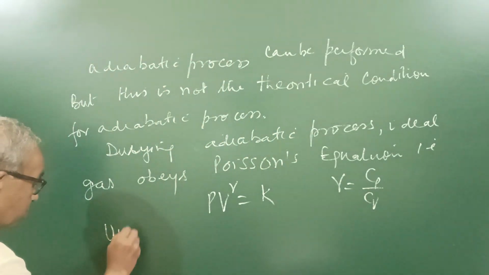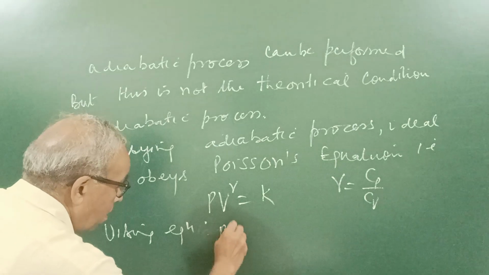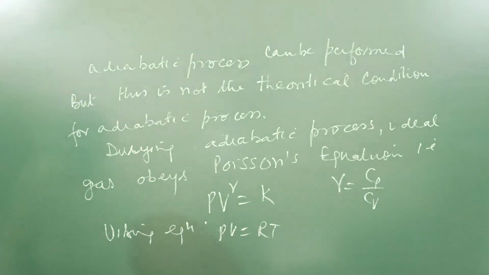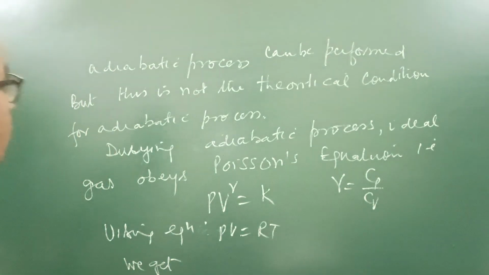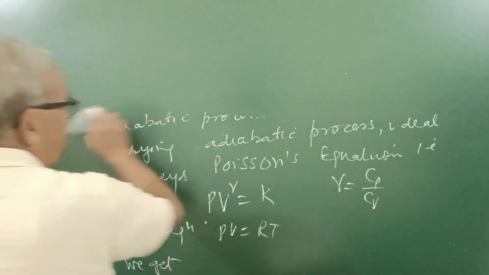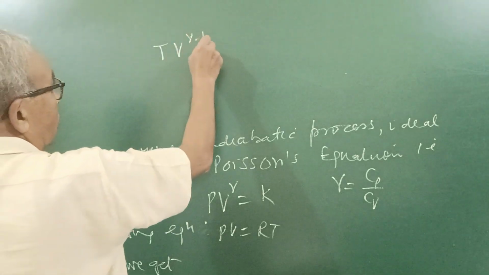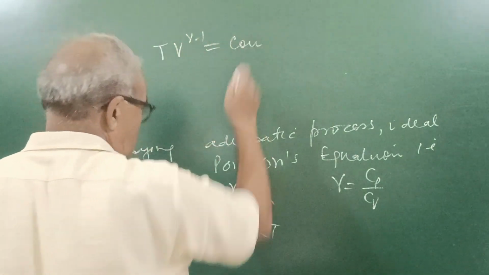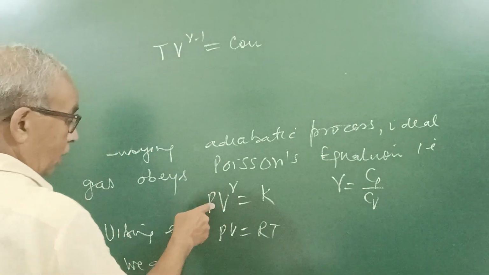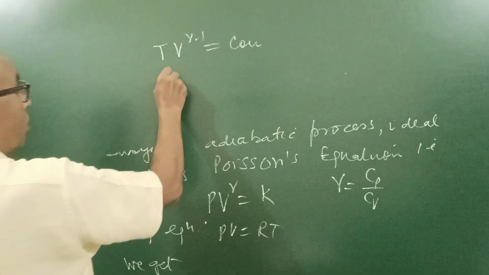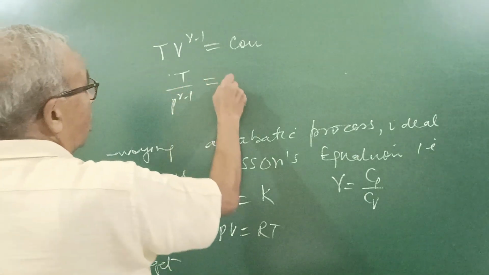Now using the equation PV equal to RT, we get T into V to the power gamma minus 1 is constant also. From here you remove P, P equals RT upon V, put it here, and you will get it. And T upon P to the power gamma minus 1 is also constant.